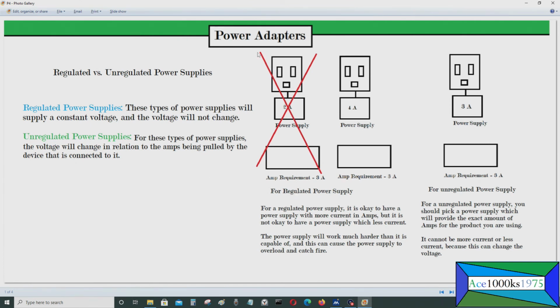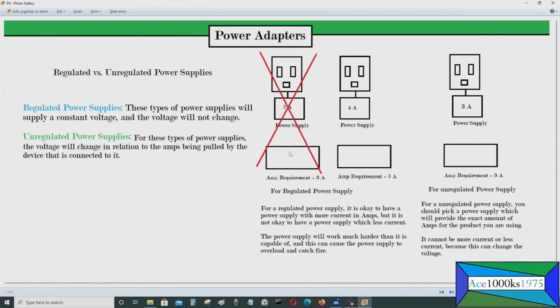For a regulated power supply, the thing you have to watch out for is whether it supplies how much amperage your product requires and how much amperage the power supply is pulling from the wall socket.